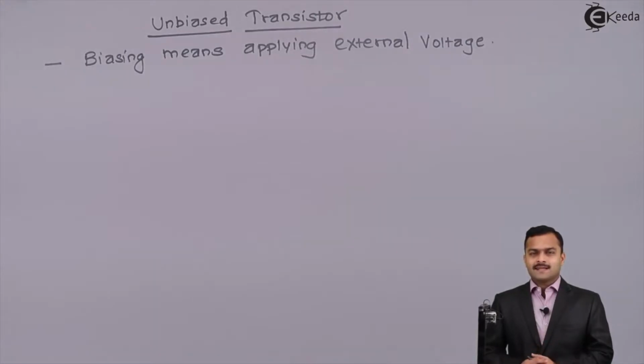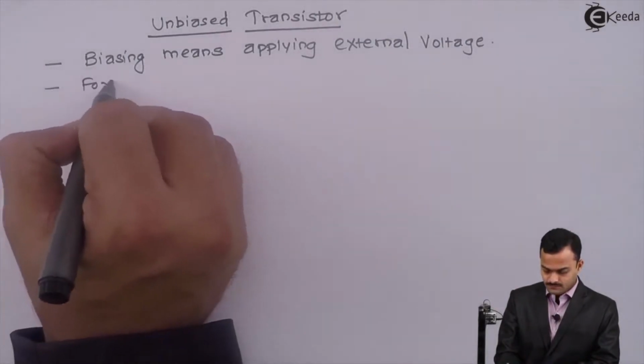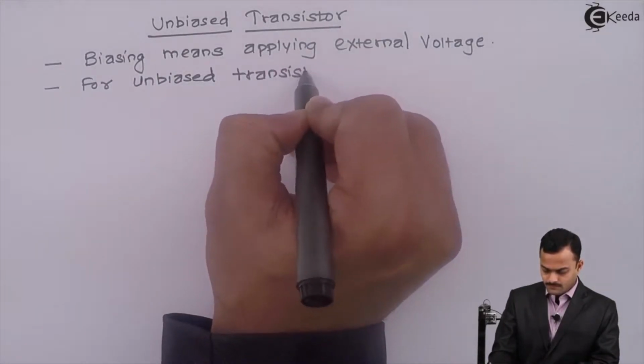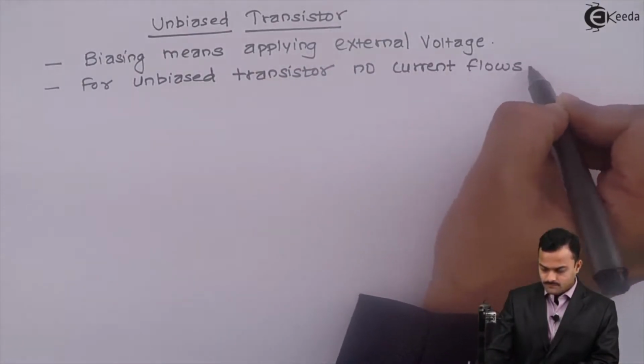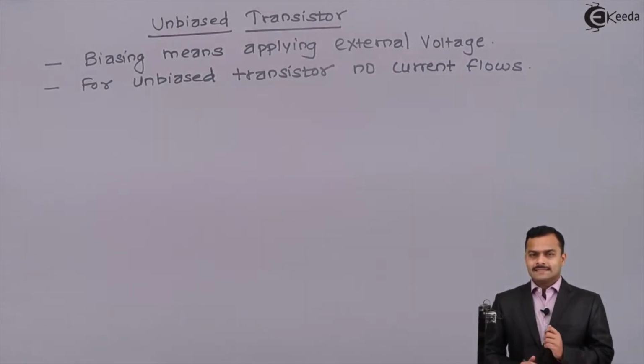Since we are not biasing the transistor, there won't be any current flowing through it.